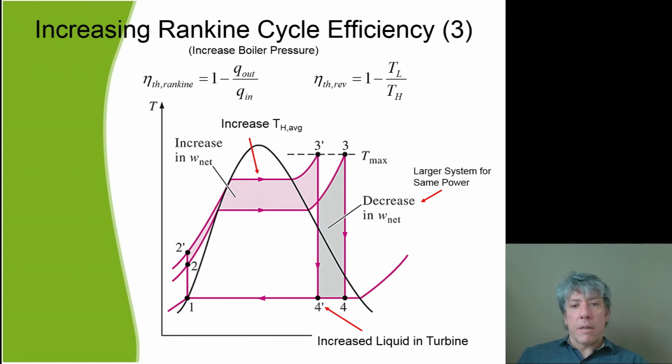You know, we can't obviously decrease the quality of the fluid coming out of the turbine too much. But this is not so bad. I mean, if this was a mobile system, it might be a problem, but the increased weight is not really a big deal if it's just a power plant that's going to sit on the ground somewhere. And material is fairly cheap, so this is not a real big problem. The main problem here is the extra liquid coming out of the turbine.